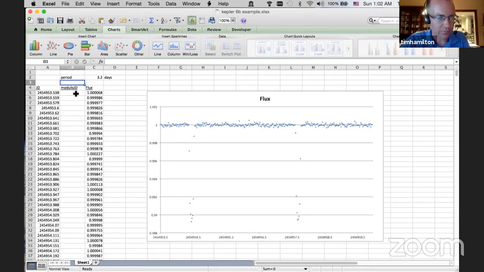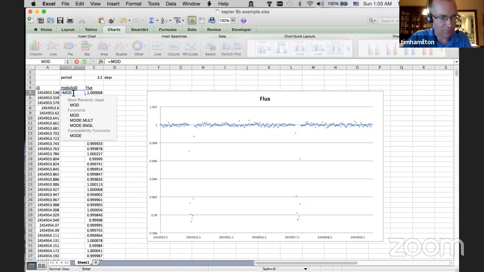So this modulo function, in Excel, to open up a function, I put equals. In TopCat, I believe you go into the expression window when you're adding the new column. I'm going to write that it equals MOD for modulo.